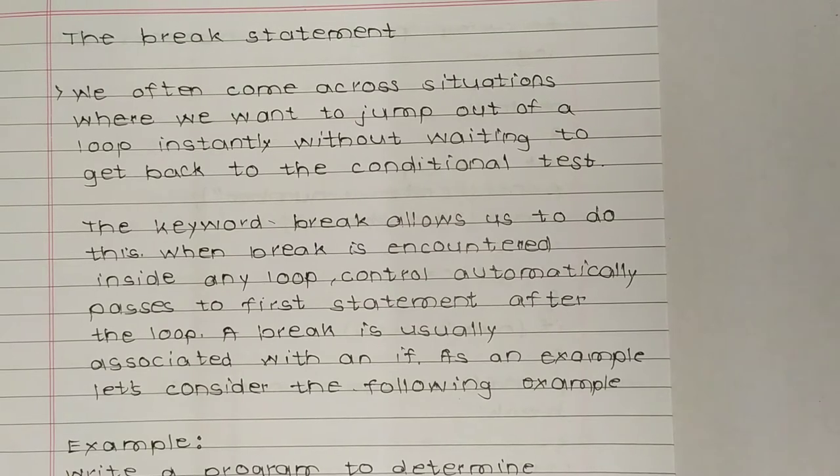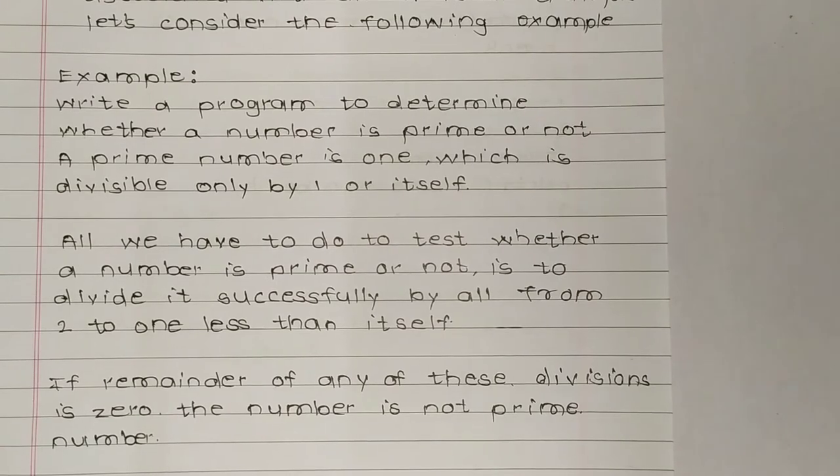As an example, let us consider the following. Write a program to determine whether a number is prime or not. A prime number is one which is divisible only by 1 or itself.